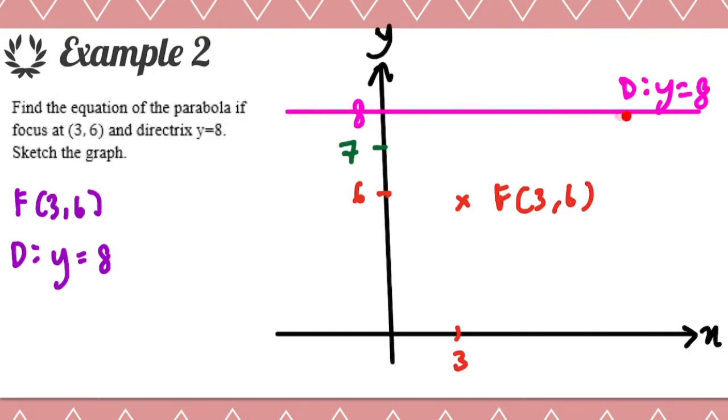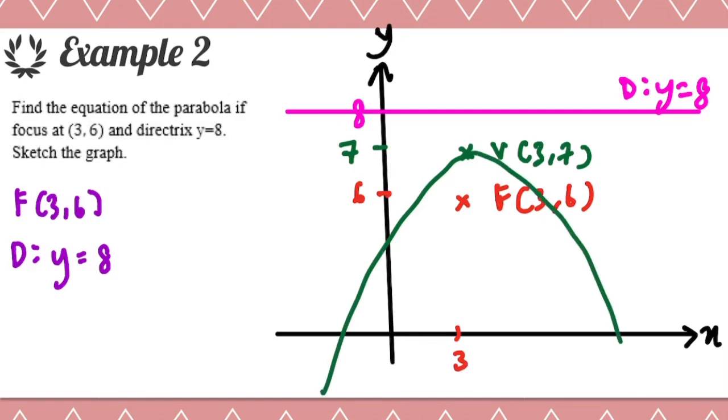Since the directrix is a horizontal line like this, we know that the graph will open down. So let's draw your graph right now. You should have your vertex here, (3, 7).